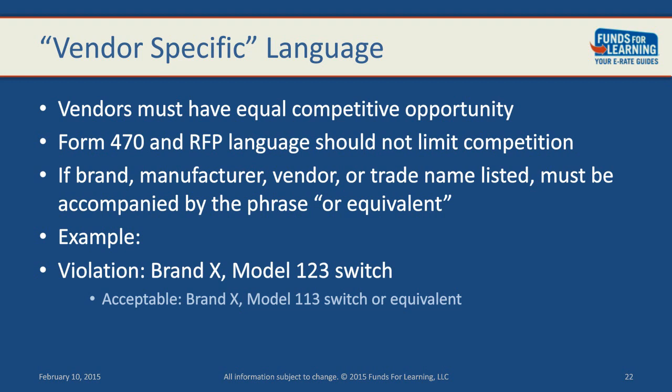At the same time, they want to encourage and indeed require that schools are looking at the most cost-effective solutions that are out there in the marketplace. And again, this is where the FCC requires that schools and libraries consider or equivalent. So oftentimes you will see perhaps a particular brand that says here brand X, model 1, 2, 3. And if you're interested in that, you need to include and consider equipment that is equivalent to that.